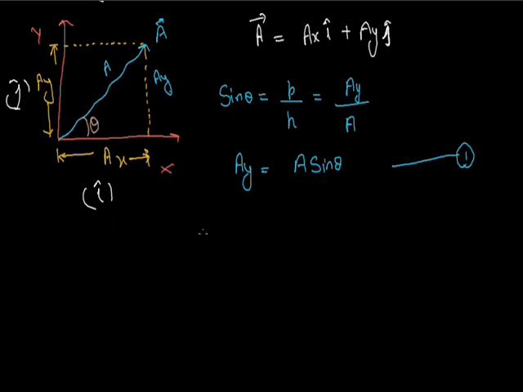Now we also know cos theta is equal to base divided by hypotenuse, and the base is Ax, divided by hypotenuse A, and from here Ax equals A cos theta.